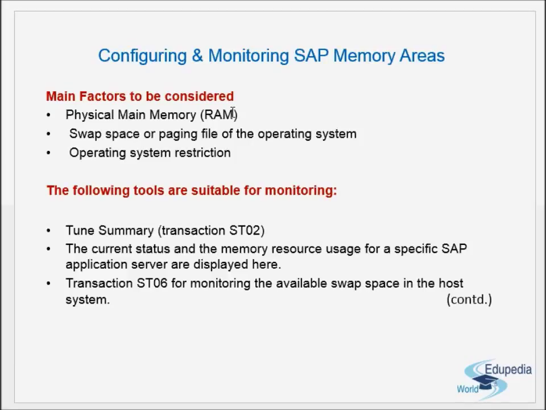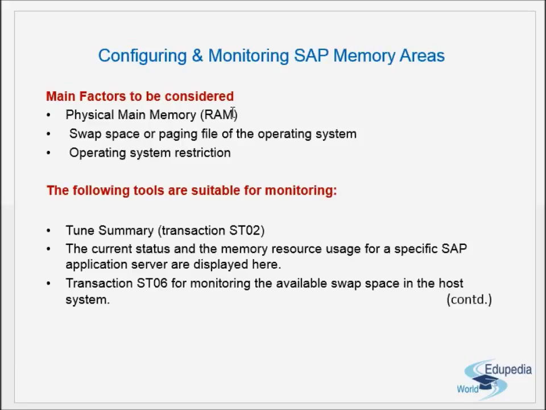Then, when we have private memory, you have to see what the paging file of your operating system is, and the other operating system restrictions. So we have to consider the main memory, the paging file, and the other operating system related restrictions.